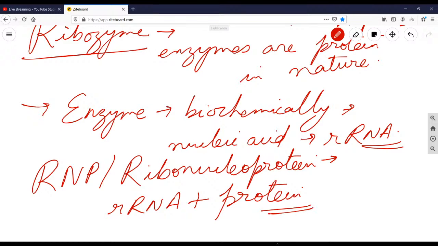That is why they are known by the name ribonucleoprotein. So ribosome is also known as ribozyme, and also as ribonucleoprotein. That's the introduction about the ribosome. It does contain protein, and it does contain various kinds of rRNA.